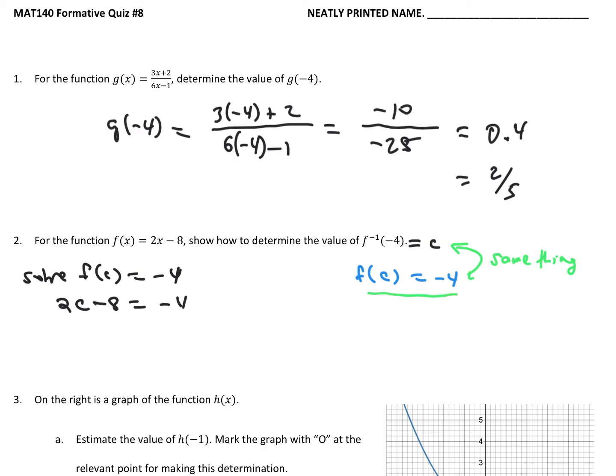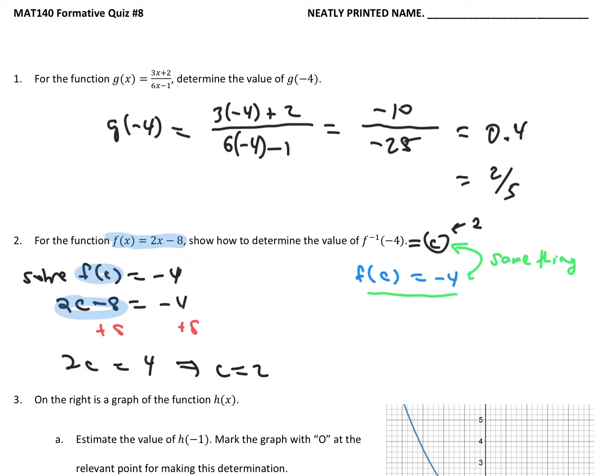Here I'm just plugging c in for x in my formula for f. So I can just do regular old algebra here. I'm going to add 8 to both sides, meaning that 2c is equal to positive 4, and that means that c is equal to 2.